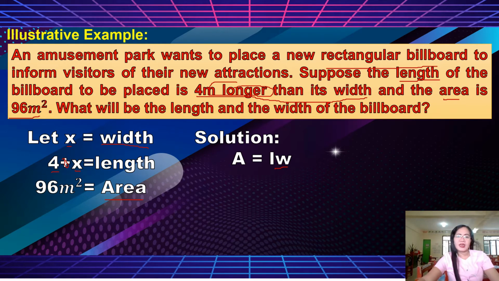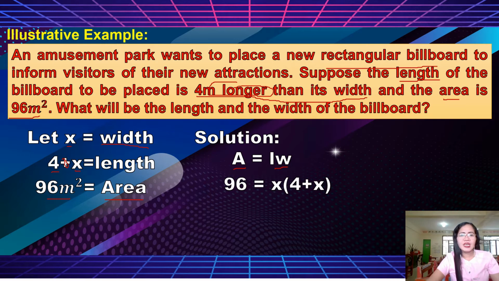After identifying the formula, we are going to substitute. If we say substitute, we change the literal coefficient into its numeric value. The value of A is 96, the value of L, your length, is 4 plus x, and your width is x. They can also be interchanged.